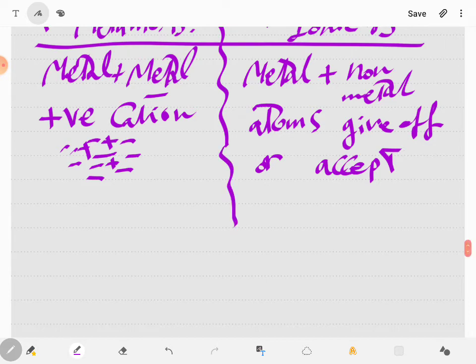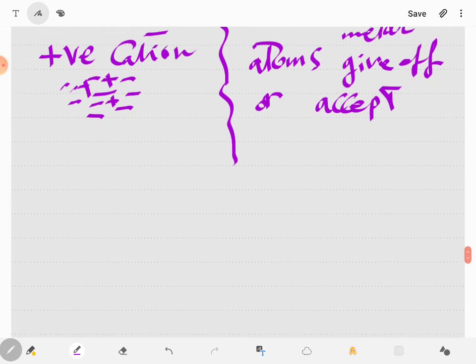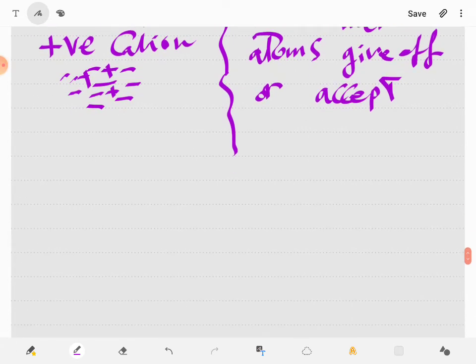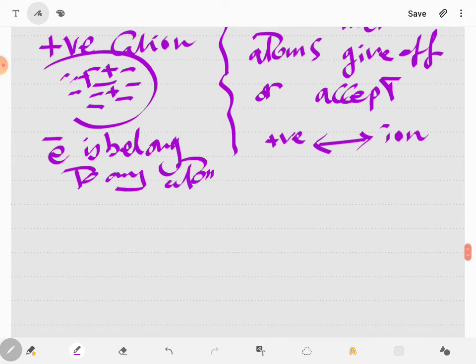So there is a difference between ionic and metallic. What else? Here, the electron we said is floating over the cations, but here there is a connection between positive and negative ions. But here, the electron does not belong to any atom. It's clear now?